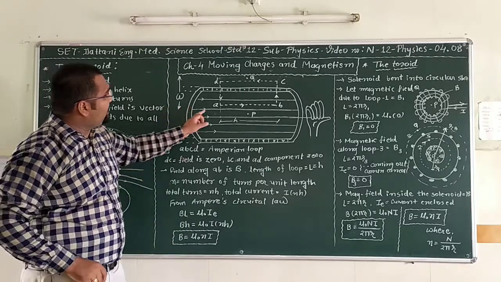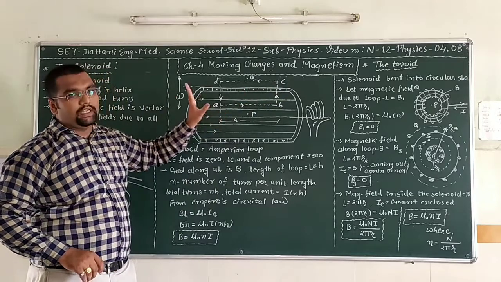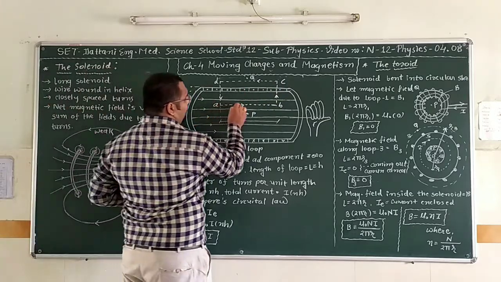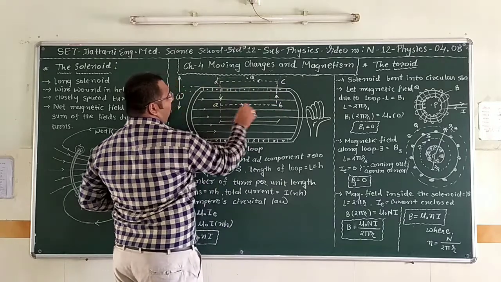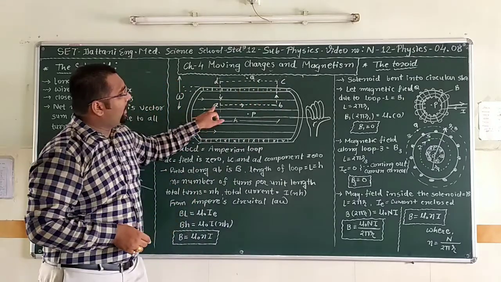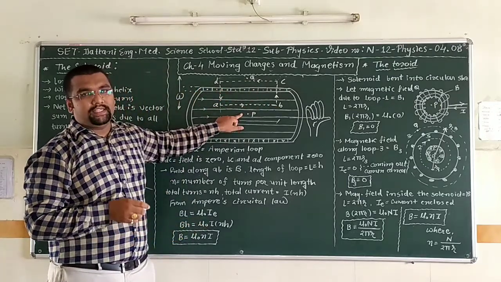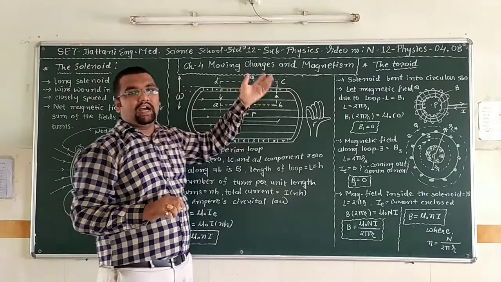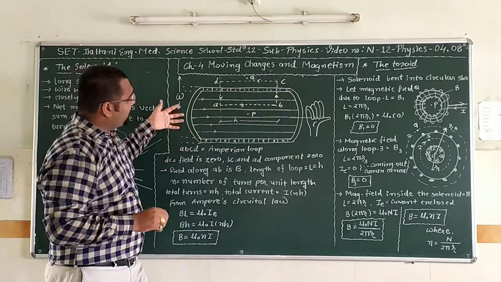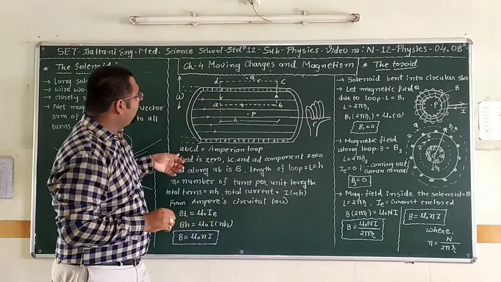We have taken here an Amperian loop, denoted by ABCD, drawn with a dotted line. P is a point inside the solenoid and Q is a point outside the solenoid. These are the field lines we have drawn here.